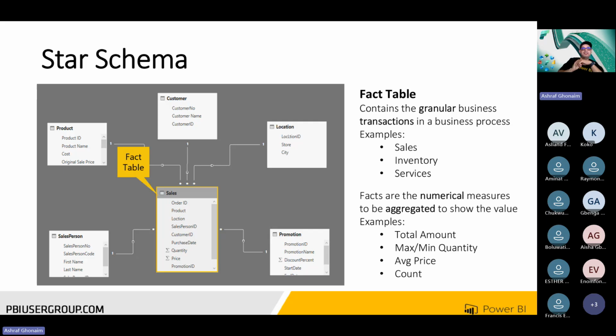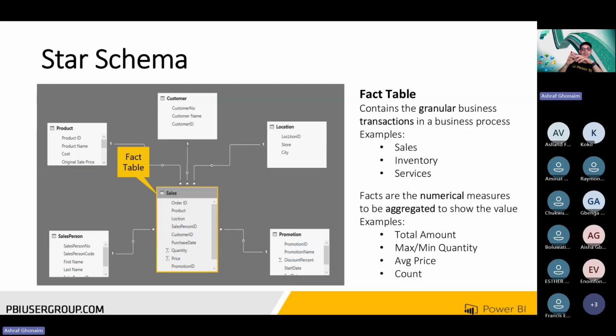Any customer service case, any complaint, any phone call when you deal with the phone company, every single bank transaction, deposit and withdrawal, is considered a fact table transaction. Any interaction between your organization and any external body or entity is considered a transactional table.